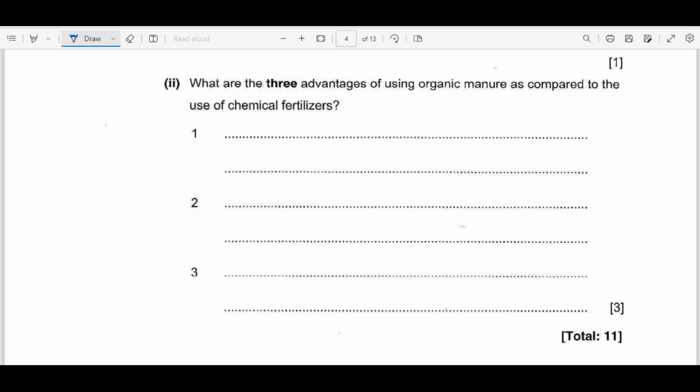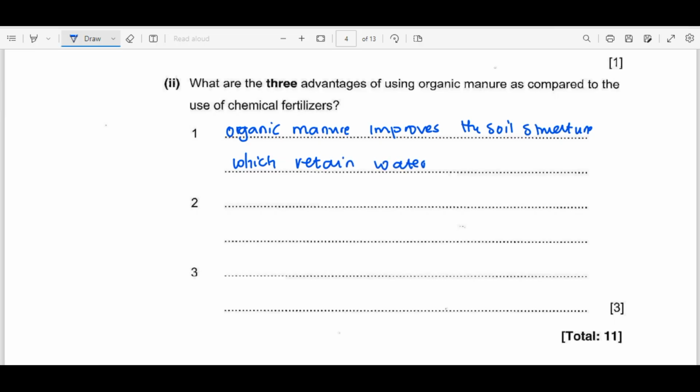So say organic manure improves the soil structure, which retains water and nutrients.